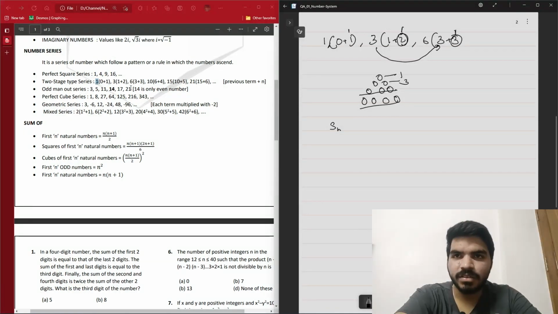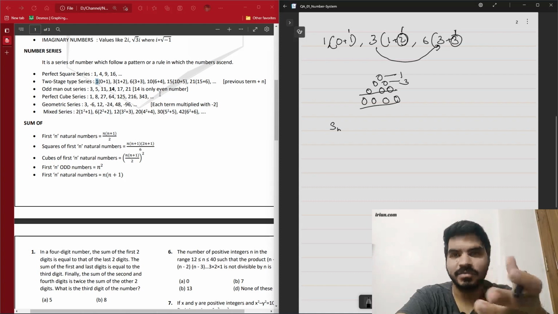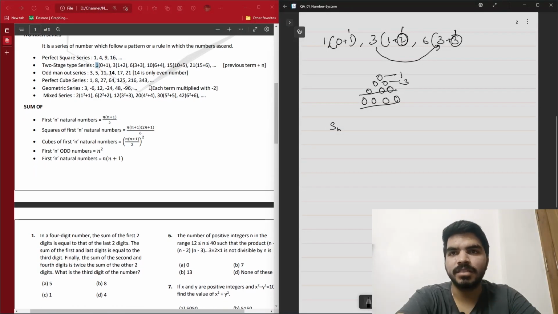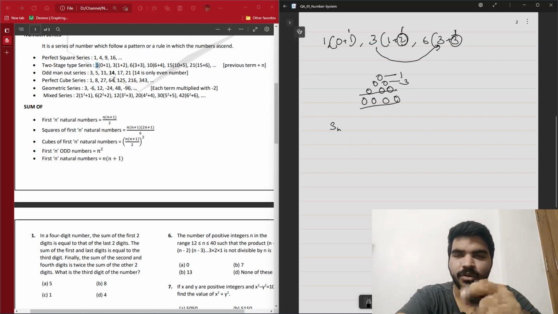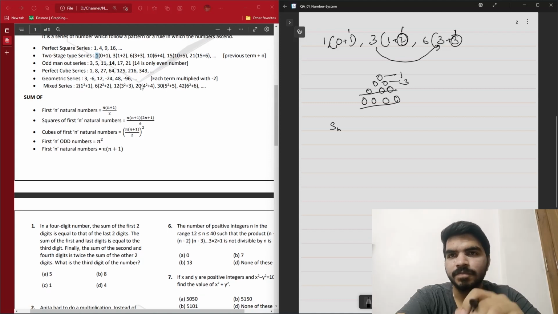Like in this one, people might go and try 2n plus 1 or some complex method, but at times this also works: 14 is the only even number, so that will be the answer. If any rule doesn't work, keep looking for even or odd numbers, very basic things.